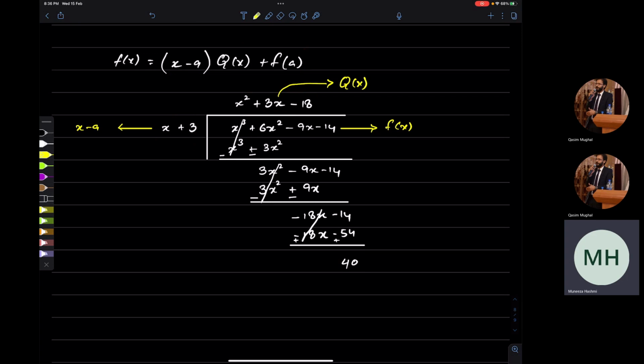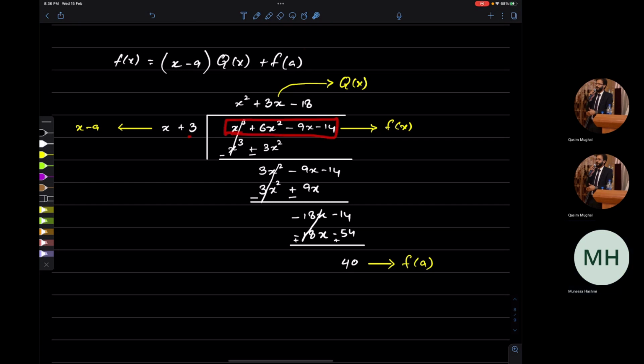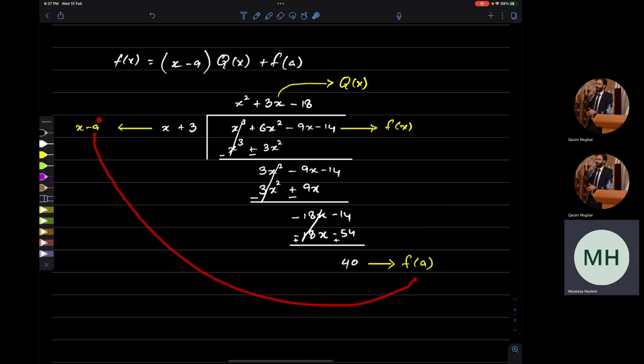And this thing at the end, that's f of a. Now what does it mean? If I plug in minus 3 into this function, this is f of x, I should get 40 as an answer. That's what it said. See, this is minus a, that's f of a. F of a means you plug in this number with a changed sign into the main function, and that's the result you get.